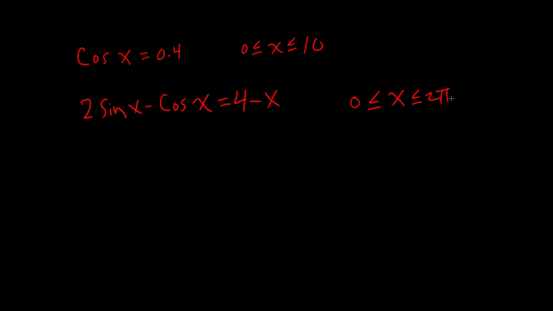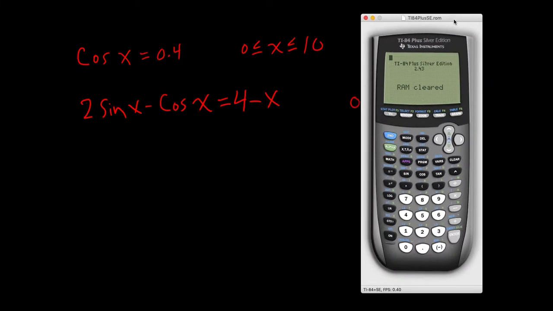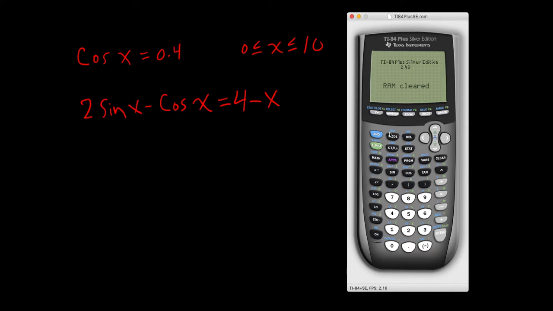Now the process is going to be the same, however, I'm going to show you how to do it on a handheld graphing calculator instead of Desmos, because unfortunately you can't use Desmos on the IB test. So we just do 2 sine x minus cosine x.